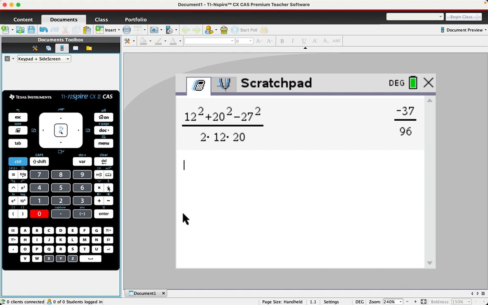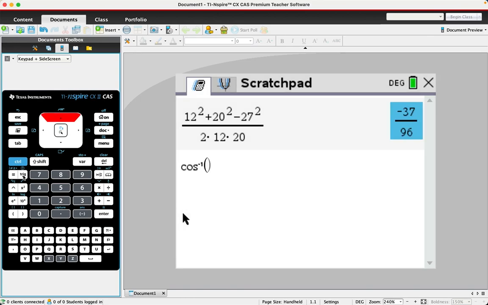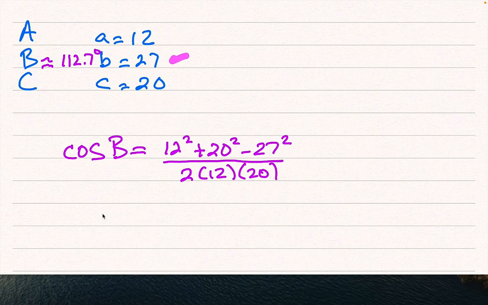Okay. I want to find the angle whose cosine is that, so I do that arc cosine, cursor up, press enter, and then Control enter, and that will find my measurement. Okay, so in this case, this is about 112.7 degrees. Looks like this.